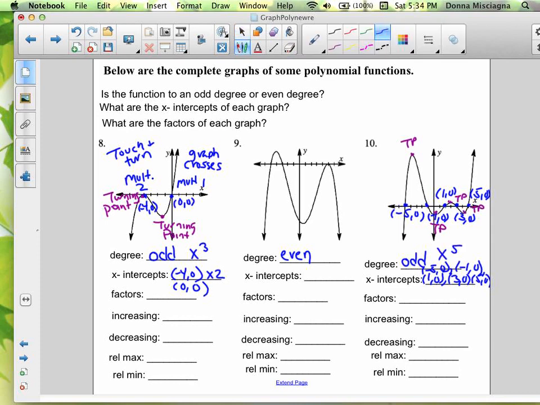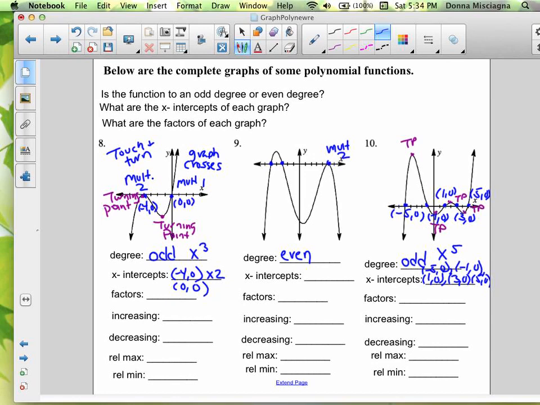Our middle one there is even, and in terms of x-intercepts, we have 1, 2, 3. That's not x cubed. They're not going opposite directions. However, this one is multiplicity 2, because we touch and turn, and the other ones count for 1.